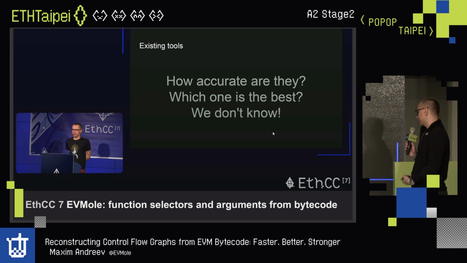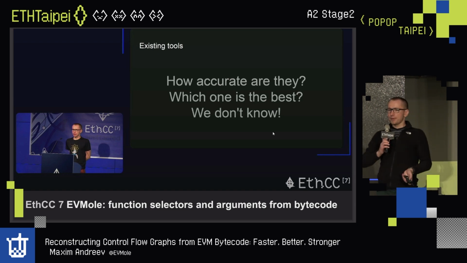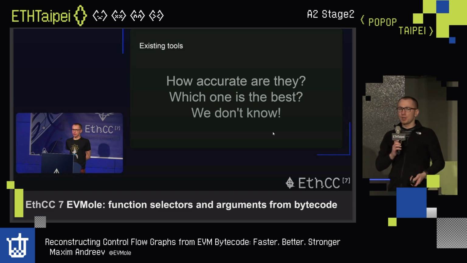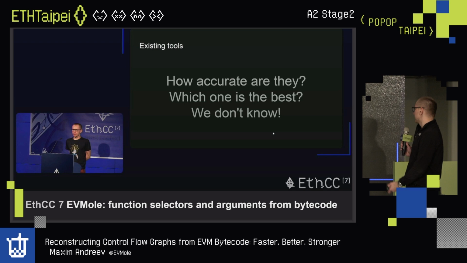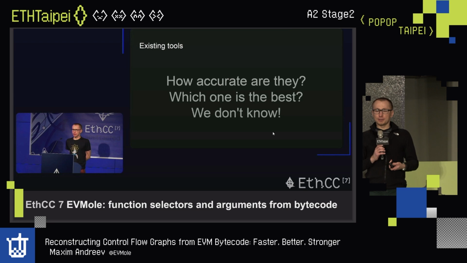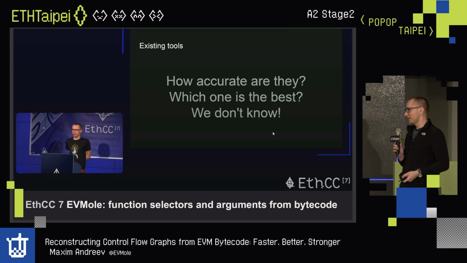The talk was about function selectors and arguments from the bytecode, and here we have exactly the same problem. We have some tools, but how accurate are they? Which one is the best? We don't know. We have tools which are not a black box, they are open source, but we don't know how accurate they are. I think this is the first part which we need to solve.